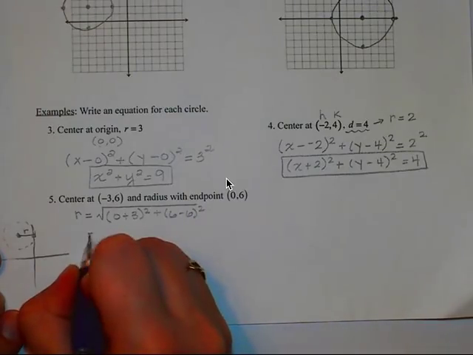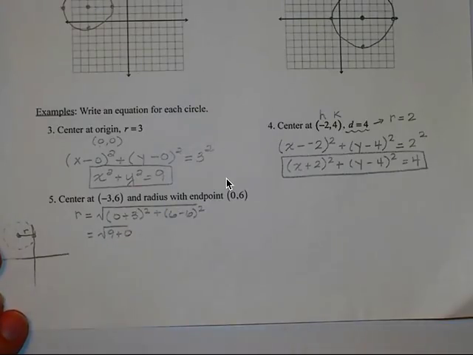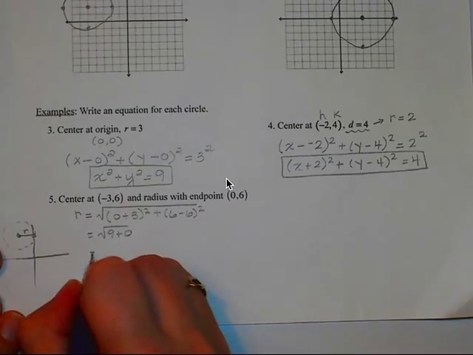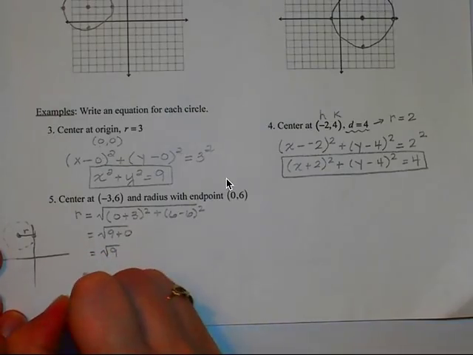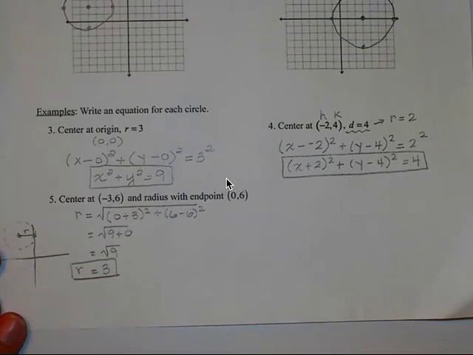That would be 3 squared, which is 9, and 0 squared, which is just 0. 9 plus 0 is 9, excuse me, and when we take the square root, we find out that the radius is 3 units long.